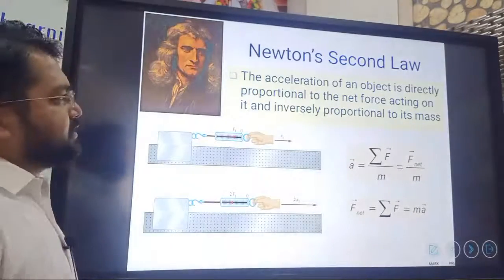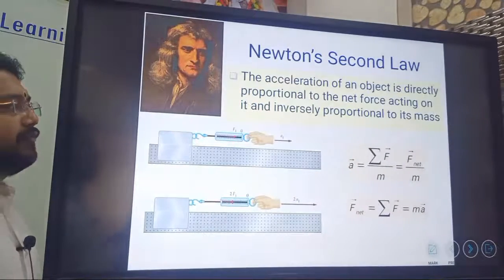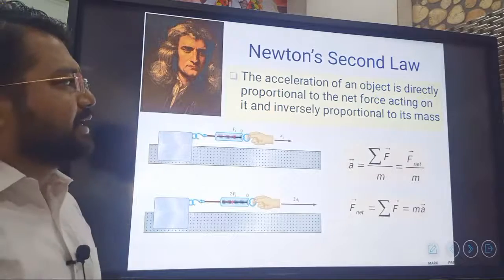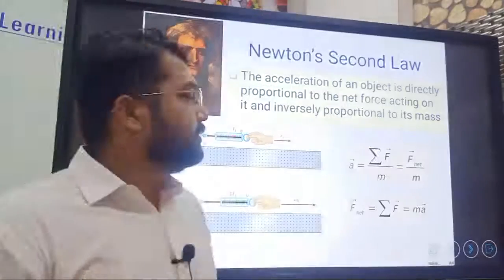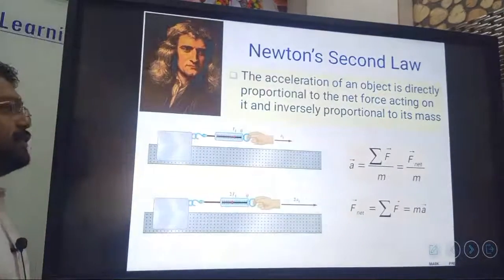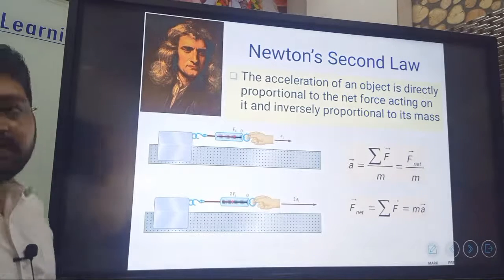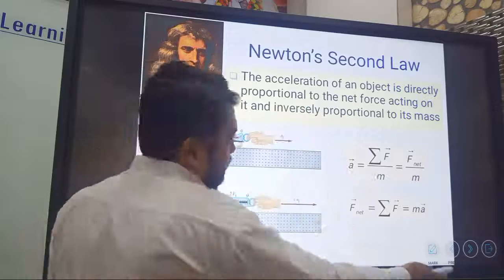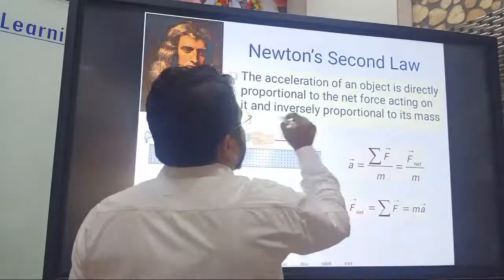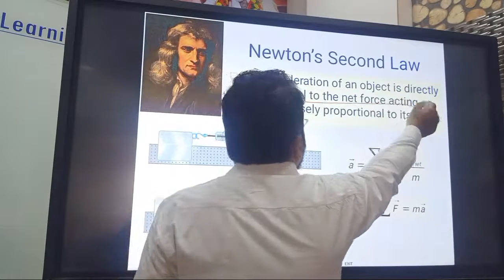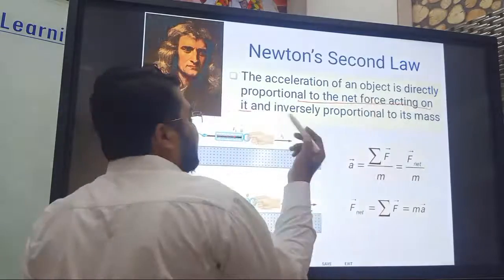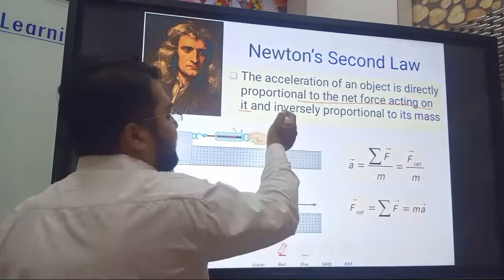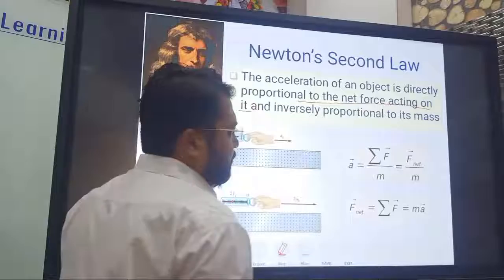Okay. Second law: the acceleration of an object is directly proportional to the net force acting on it and inversely proportional to its mass. Try to understand what it says. Directly proportional to the net force acting on it. On it means on the object, and inversely proportional to its mass.